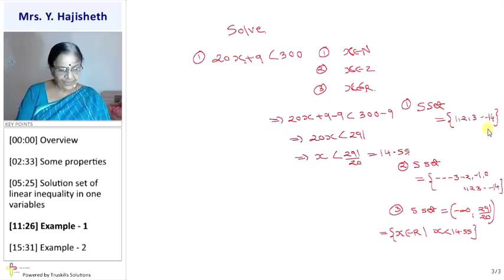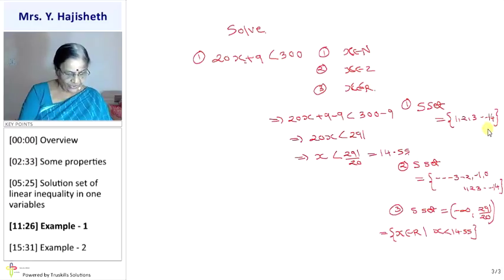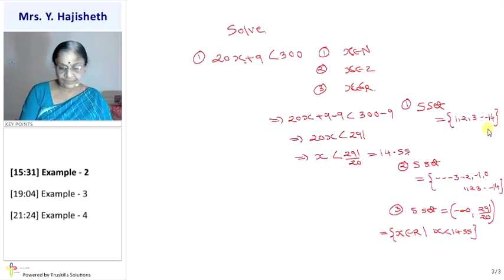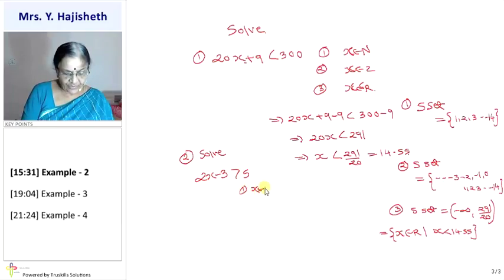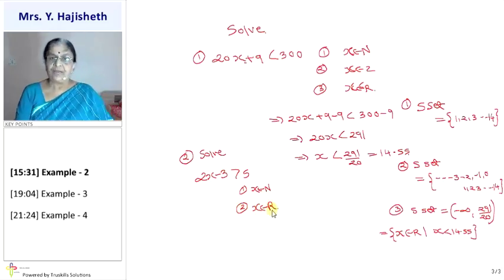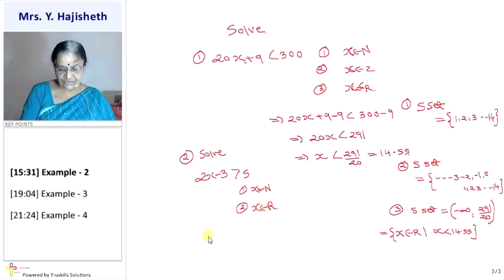Clear? Now in the same way, you are given another sum. Solve 2x minus 3 greater than 5. The first condition given is x belongs to N. Second, it is given x belongs to R. First, let me solve this inequation.